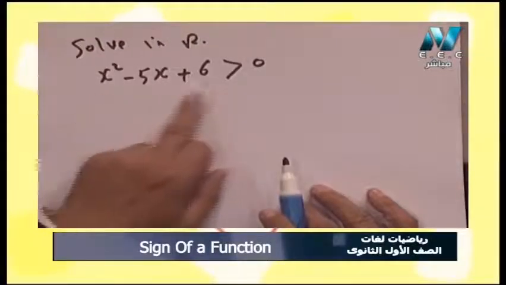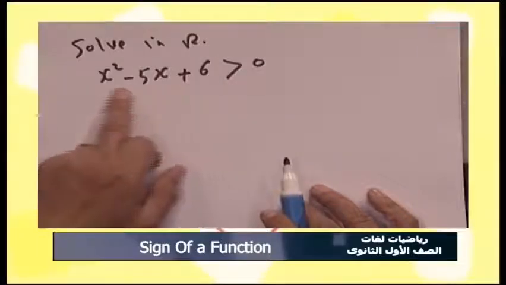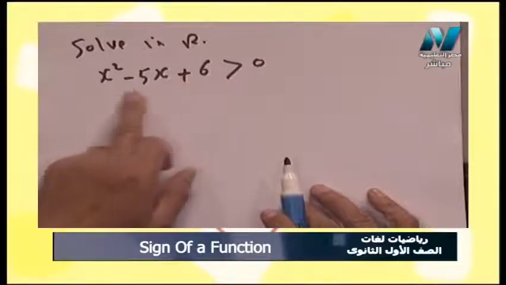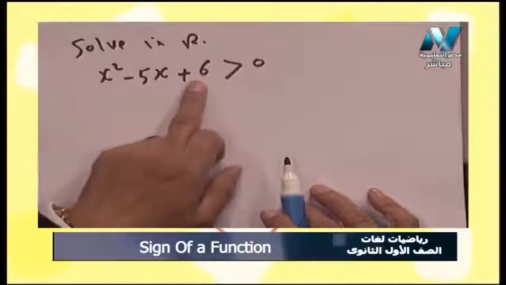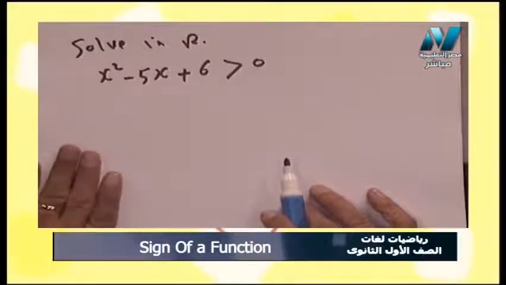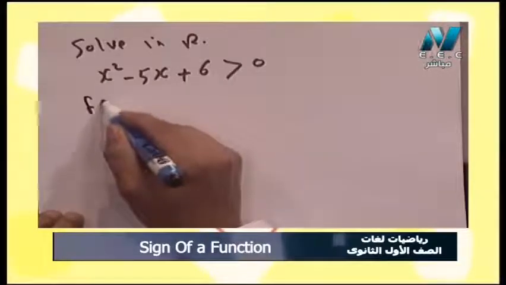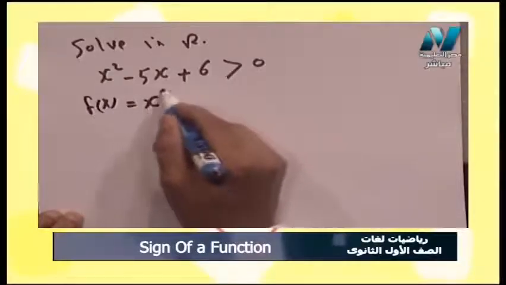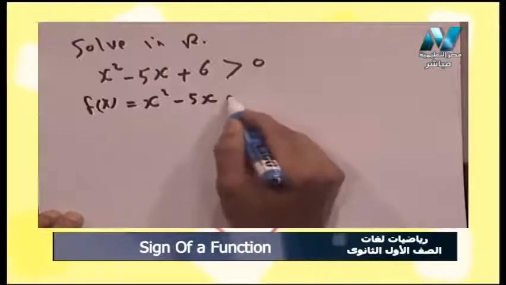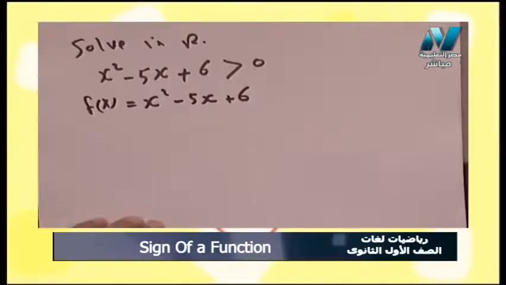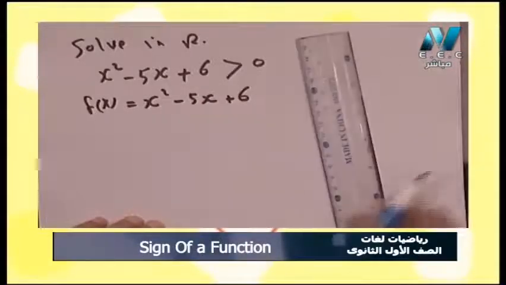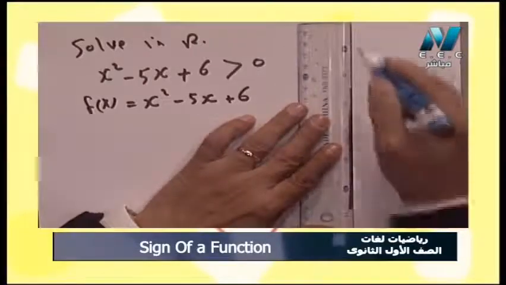How can we find out the solution set of this expression? We know that if we consider it a function, the function will be x power 2 minus 5x plus 6, and we have known that the graph of this function will be like that.